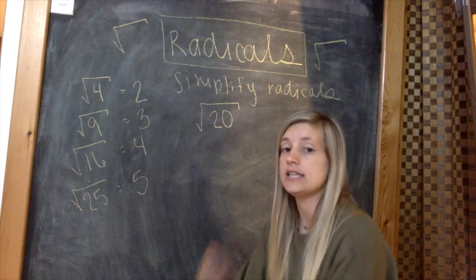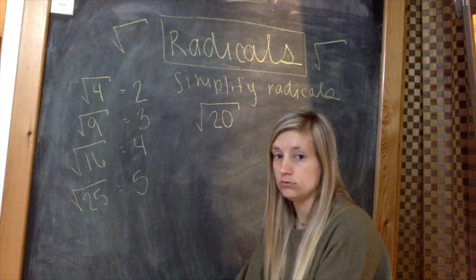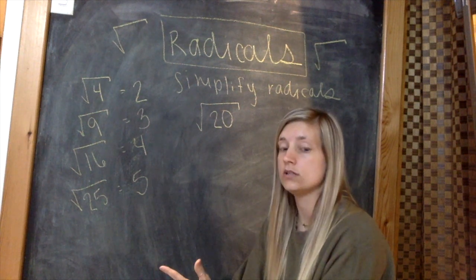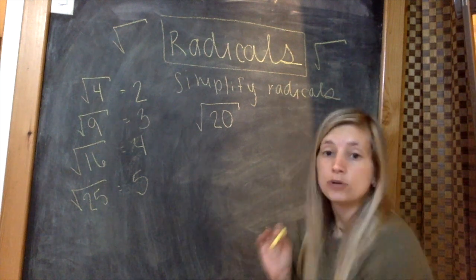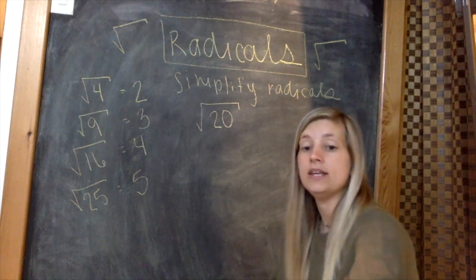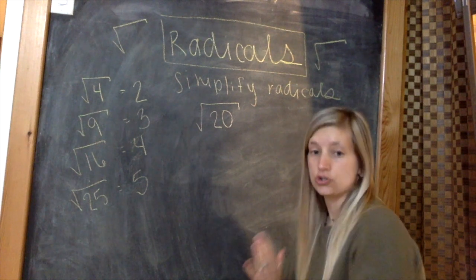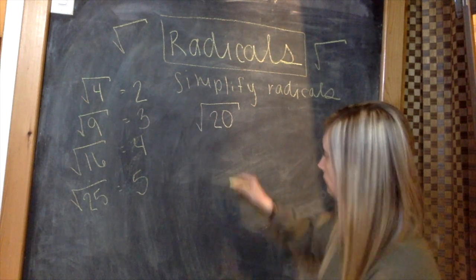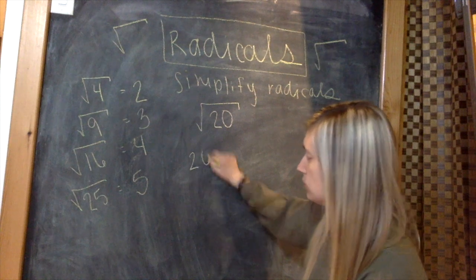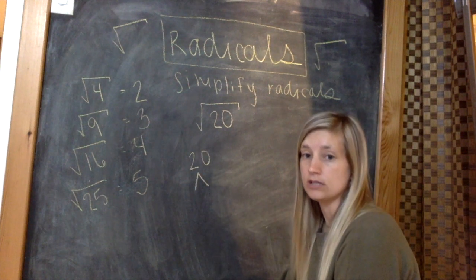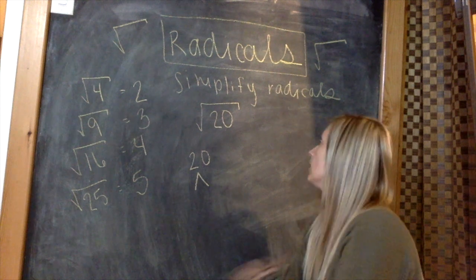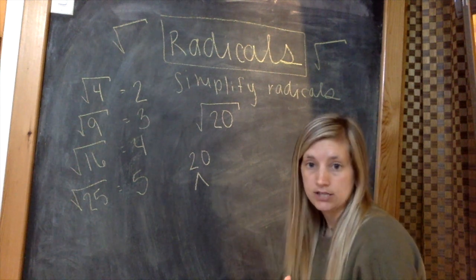So the question is, can you break this down without giving me that decimal answer? So like I said, we're going to go to that prime factorization. So we need to find the factor tree of 20. If you have the factor tree of 20, you're just asking yourself, which two numbers multiply to give you 20? There are multiple different answers, okay?